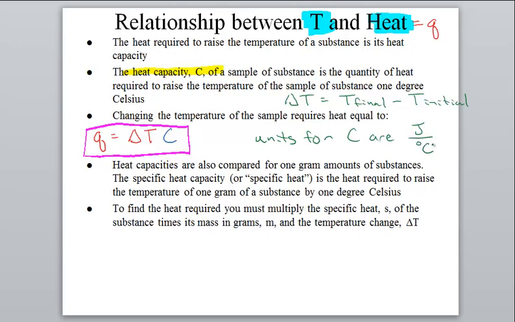So if temperature change was in Celsius, and we plugged change of temperature and this constant in there, that would leave us with units of joules. And heat, Q, that's energy. It should have energy units.